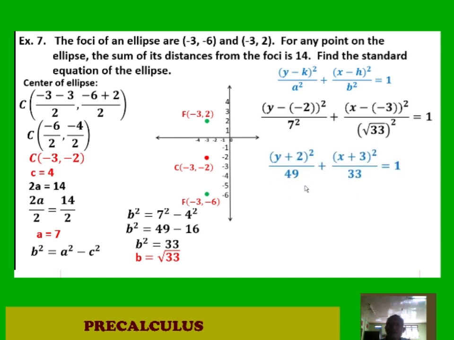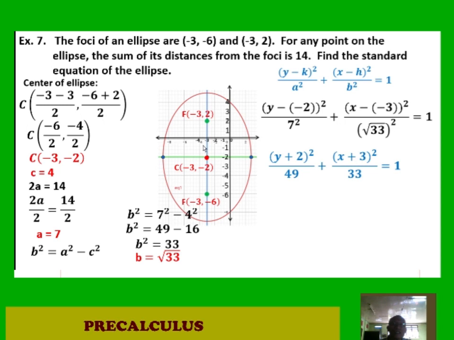Simplifying the equation, our standard equation for the ellipse is (y + 2)² over 49 plus (x + 3)² over 33 equals 1. So this is the graph of the ellipse. But the problem is asking only for the standard equation of the ellipse. So this is our answer.